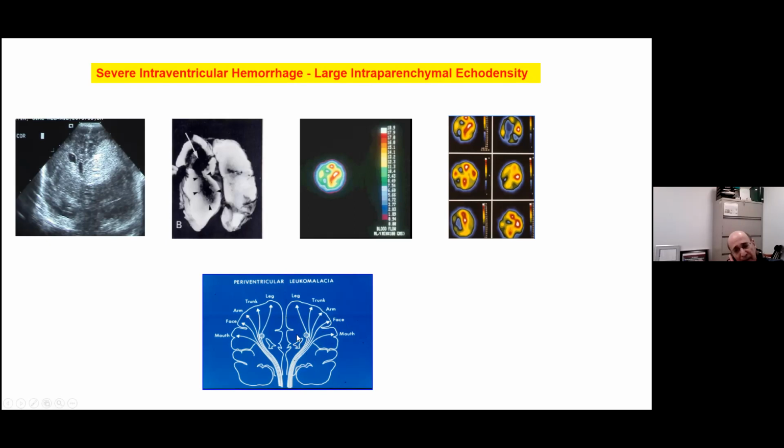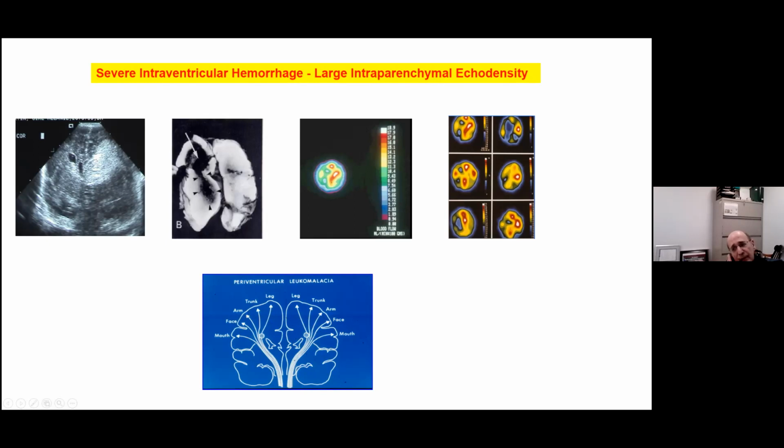So if you have this large lesion that's sitting frontally, it should be intuitively obvious how you're going to really affect the motor tracts on that side. Often, although not well demarcated, you have involvement on the other side.